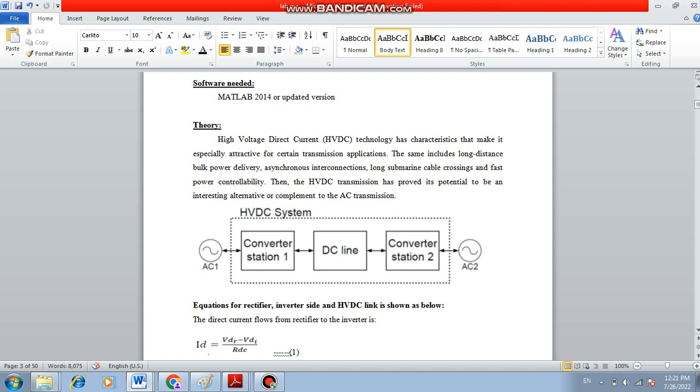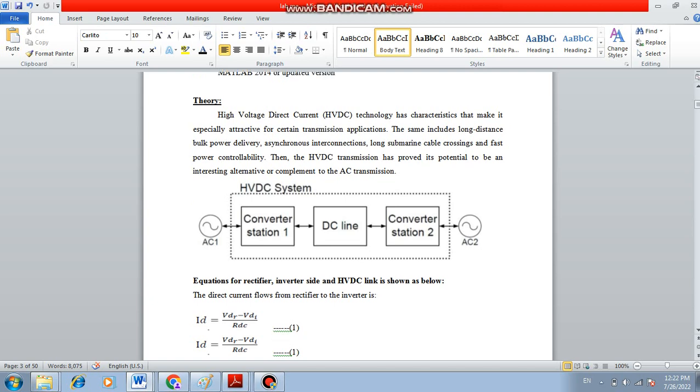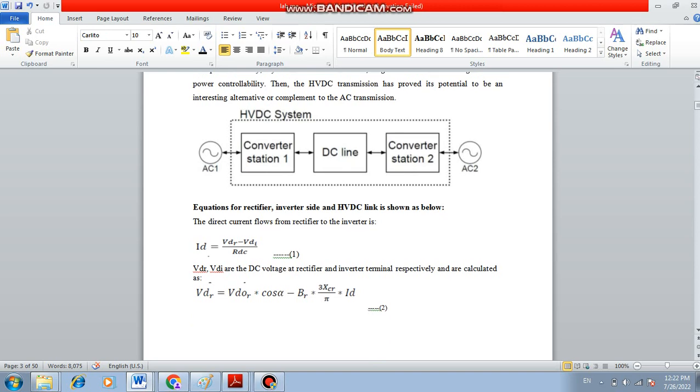We know the different types: homopolar, bipolar, monopolar. So the DC link will be there. After that comes converter station 2, which is nothing but the inverter, and at last we give power to the AC system. The combination of converter station 1, the DC link, and converter station 2 is called the HVDC system.